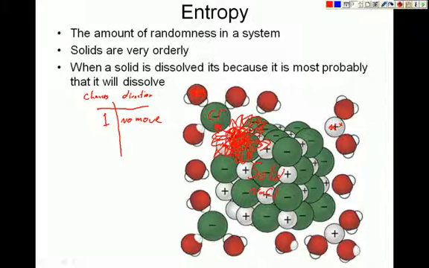Now, there's one chance that the chlorine ion will move in this direction, and another chance that it'll move in this direction. And if I add up all these chances, moving in any direction, well, it's a really, really, really big number.